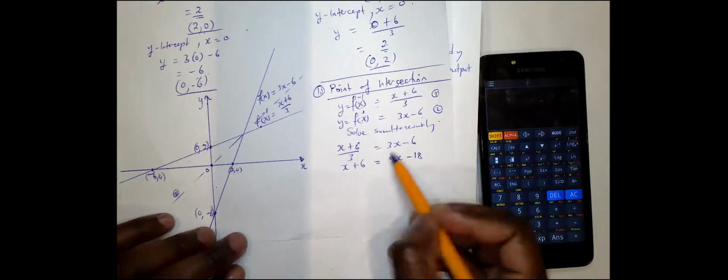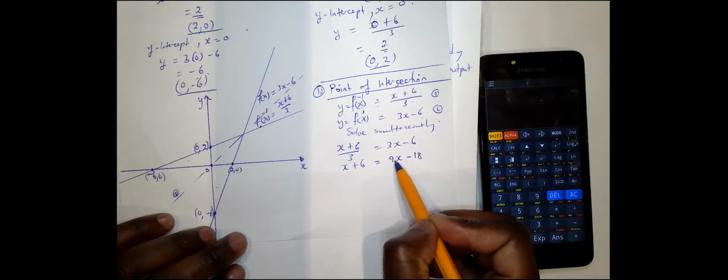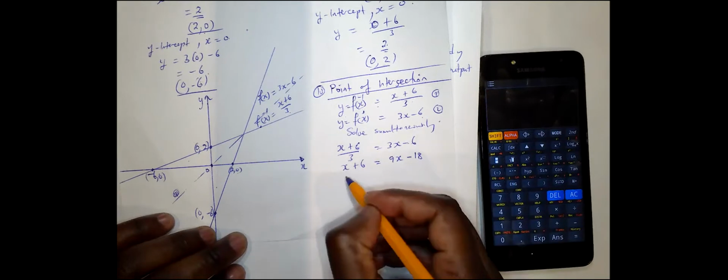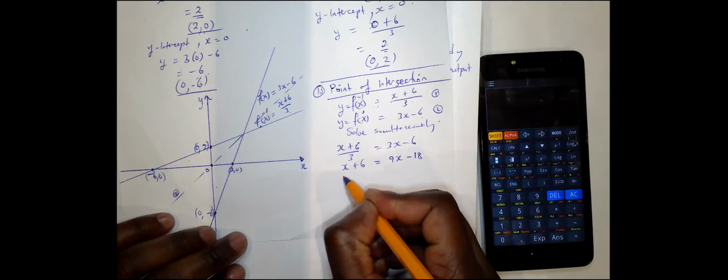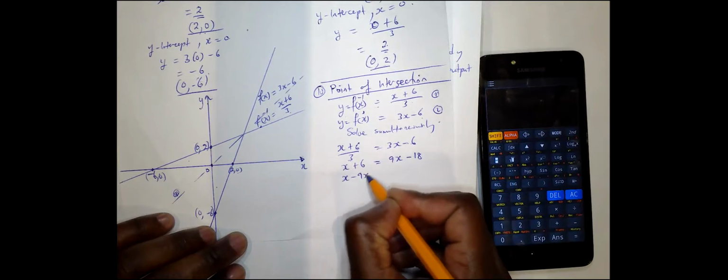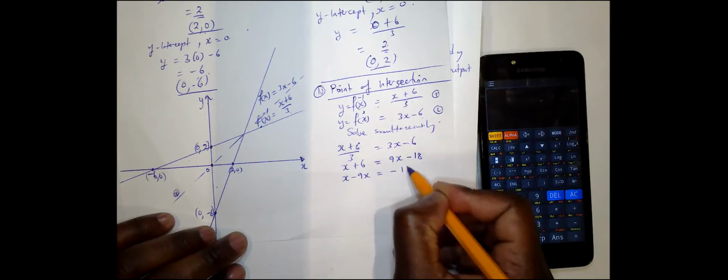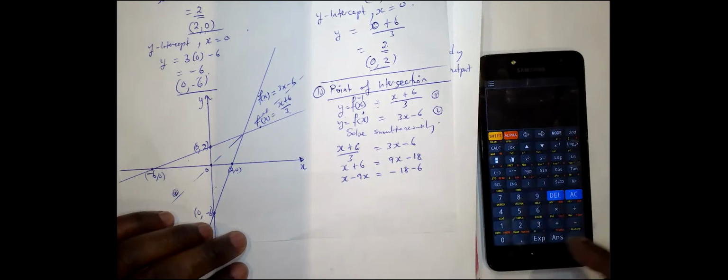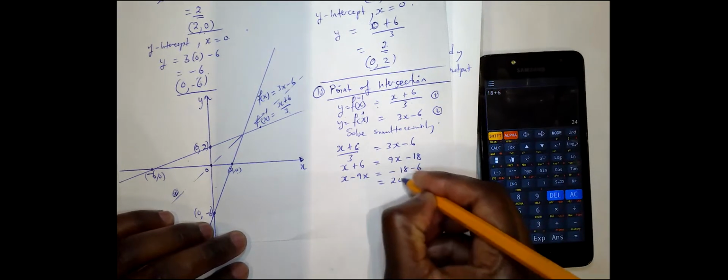Now we take our 9x that side, it's going to be x minus 9x is equal to minus 18 minus 6. So we just want to find minus 18 minus 6, what do you get there? We get minus 24.